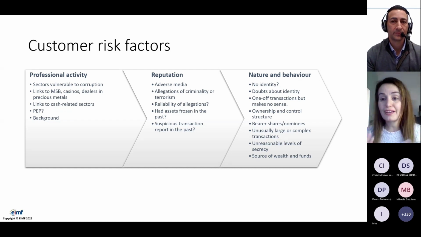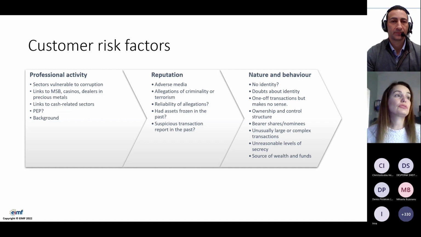Then we need to check, are these allegations reliable, and can we trust them? What is the source? Is it a website on the internet, or is it a credible newspaper, let's say? Also, are there any suspicious transactions in the past?